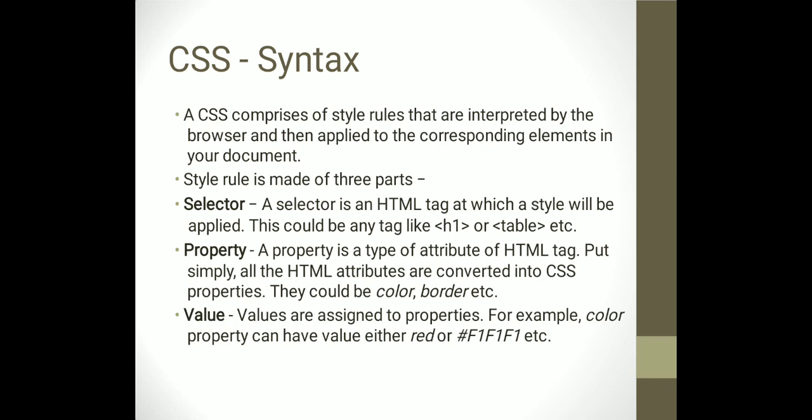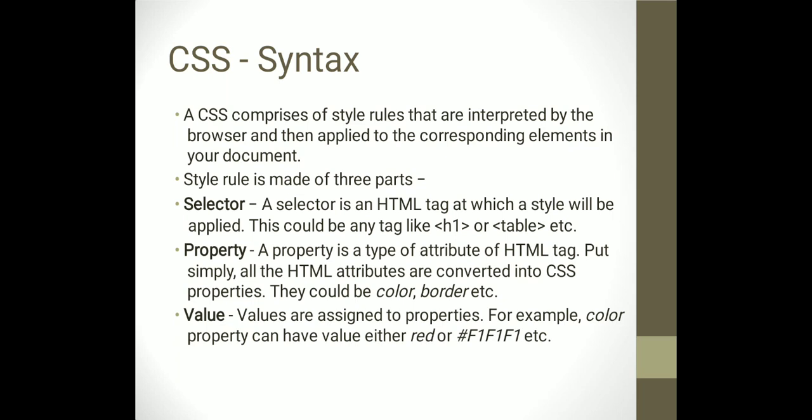Then property. A property is a type of attribute of an HTML tag, and simply speaking, all HTML attributes are converted into CSS properties, and they could be color, border, etc. And the third part of CSS is values.